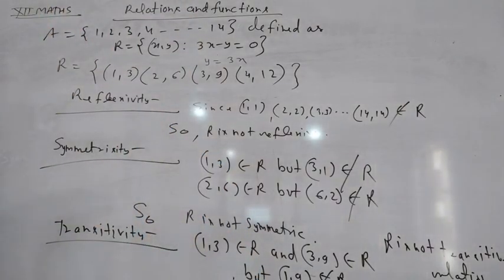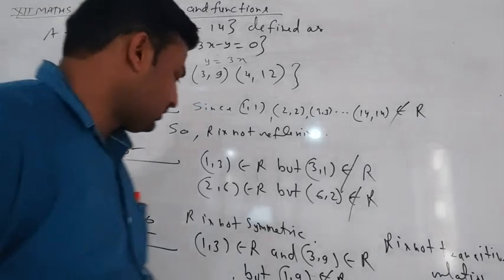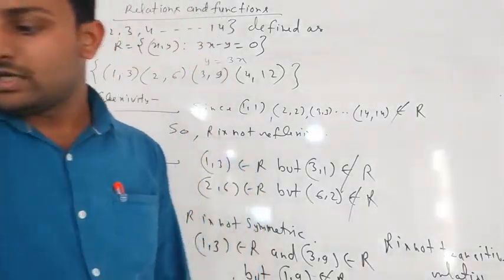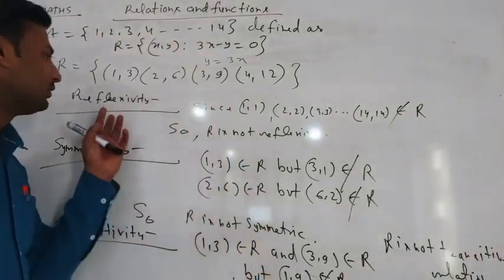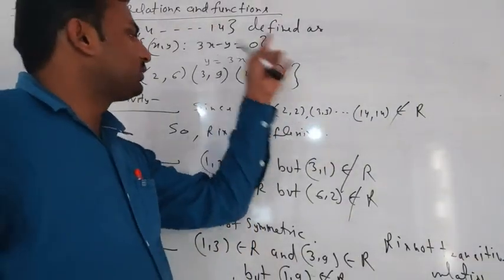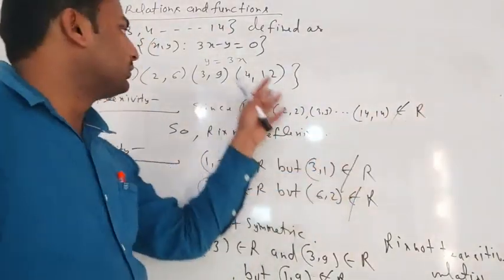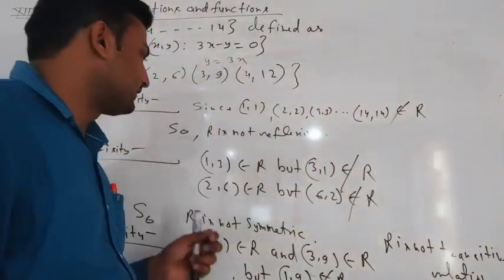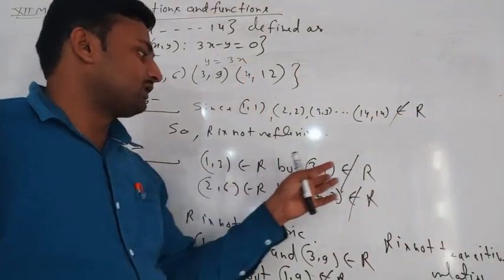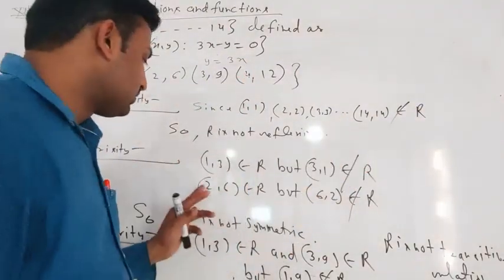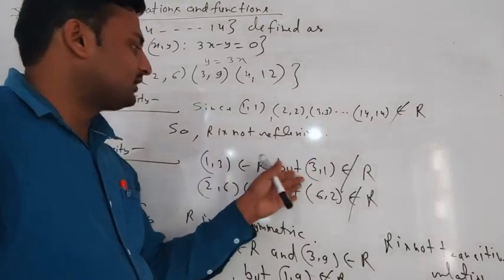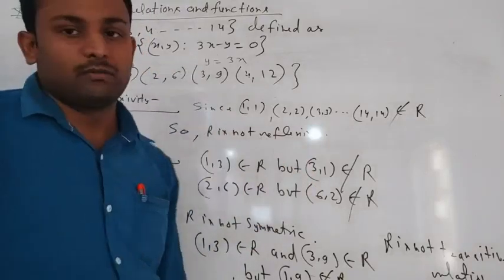So from here we can say that this relation is neither reflexive, nor symmetric, nor transitive. Because (1, 1), (2, 2), (3, 3) are not in R, R is not reflexive. (1, 3) belongs to R but (3, 1) does not, so it is not symmetric.